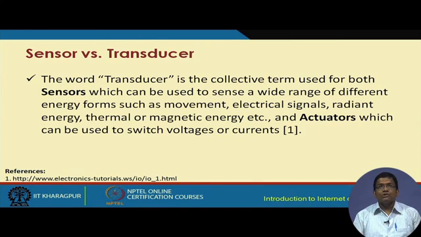The word transducer is a collective term which includes sensors as well as the actuators that I was telling you about before. The sensors can sense what is going on around them and convert it to electrical signals, and the actuators can perform actions by maybe switching voltages or currents.